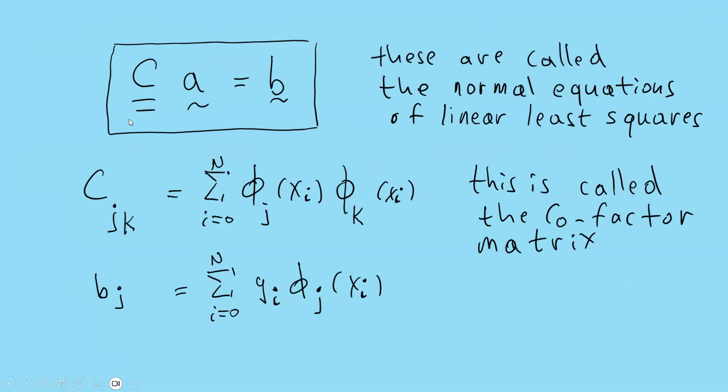The whole of these equations is called the normal equation of linear least square, and C jk is called the cofactor matrix.